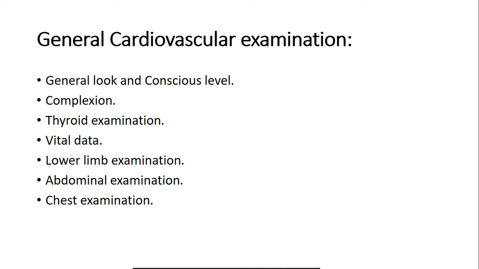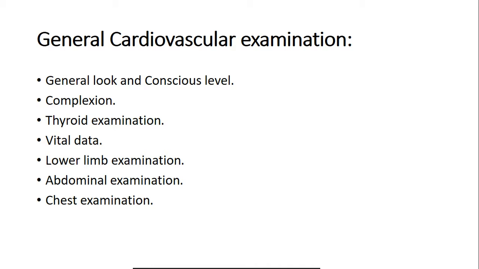Abdominal examination to check for congested liver, to check for epigastric tenderness, because many of our patients come to your clinic complaining of an epigastric area. Epigastric area is common between the abdominal disease and the cardiac disease.